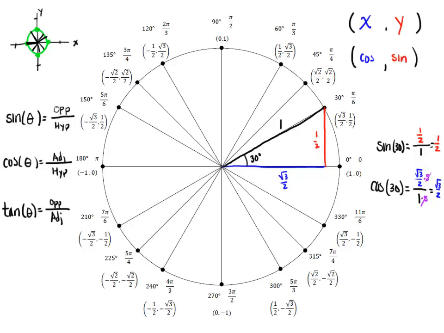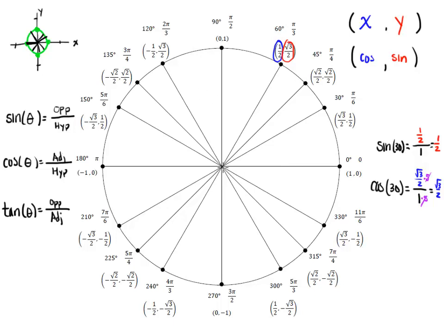So let's take one of these other points here. Let's do the 60-degree angle one. So I'm going to erase this stuff right here. Let's take a look at the 60-degree angle. I know, and you can just type it in your calculator if you want, the cosine of 60 degrees is going to be 1/2. And the sine of 60 degrees is going to be square root of 3 over 2.